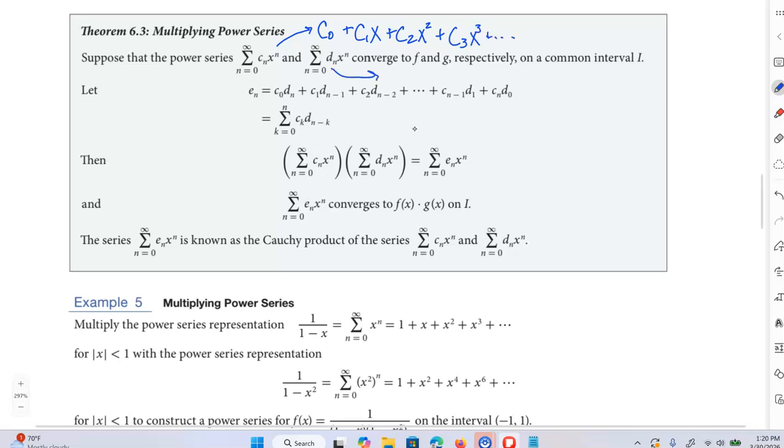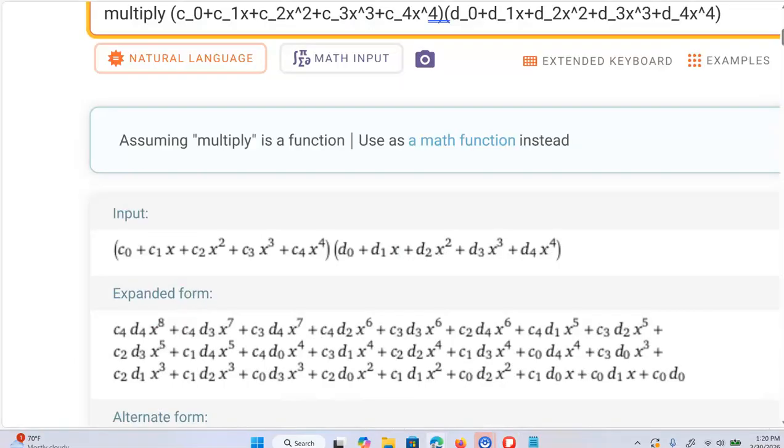That second series, if I were to start expanding, I would have d naught plus d sub 1x plus d sub 2x squared plus d sub 3x cubed, and so on. The question is, what happens when I multiply this expansion by this expansion? You're going to see how those coefficients follow this pattern.